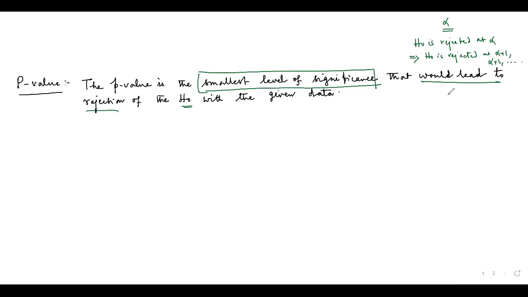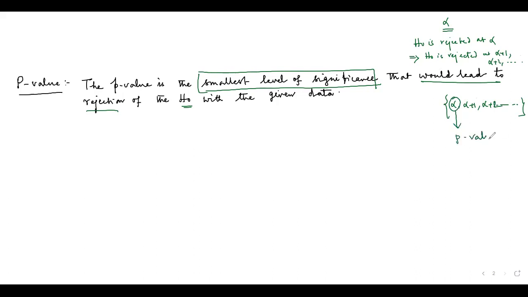If I consider this sequence of probabilities, with all of these the null hypothesis is rejected. Out of these numbers, this is the smallest one.